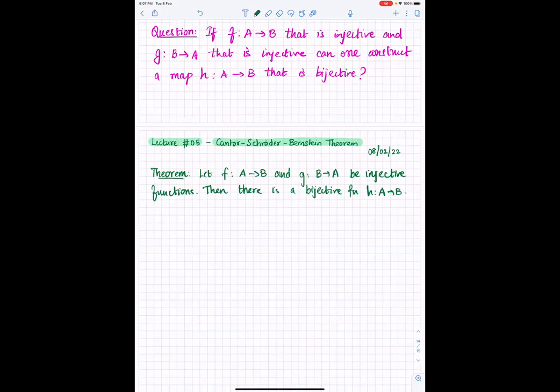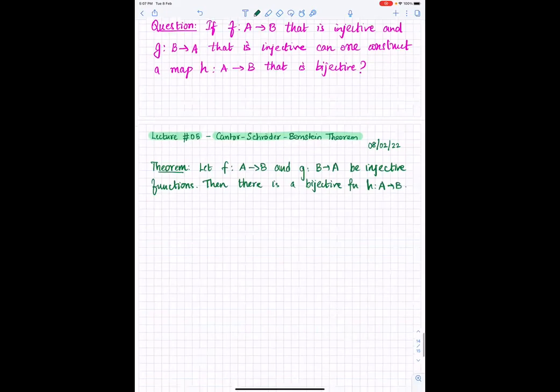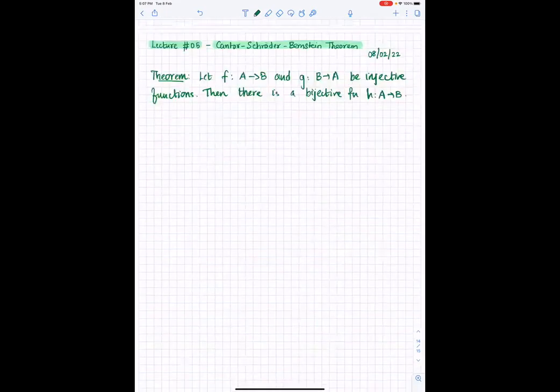Okay, so this might seem like not so difficult a statement, but one thing that is important is it might be the case that f and g are not surjective. Just because there are two maps that are injective, why should there be one map that is both injective and surjective? In all probability, g need not be the inverse of f. So you have two sets, A and B, and a function f from A to B, which is not surjective.